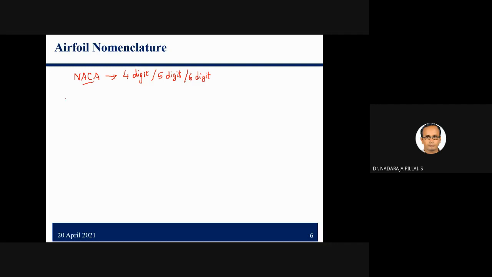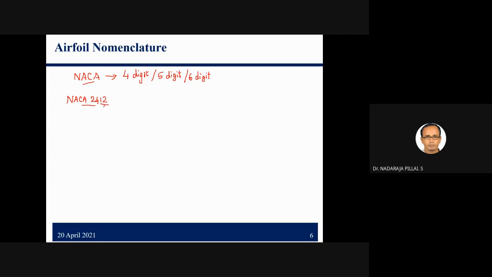So for example, if I say NACA 2412, it is to define an airfoil. What it means is, the last 2 digits stand for the maximum thickness.